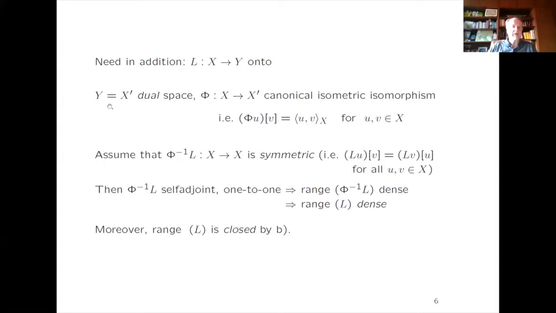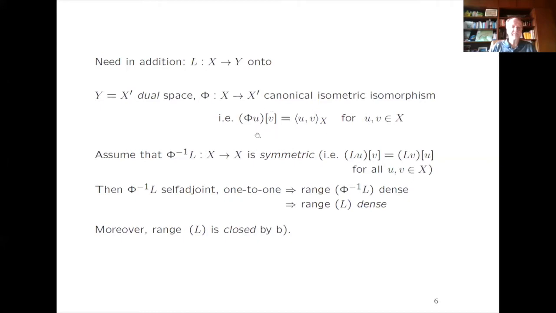Namely, we specialize to the case where Y, the image space of the nonlinear mapping, is the dual space of X, so that's the space of all bounded linear functionals on X. And then there's a canonical isometric isomorphism between a Hilbert space and its dual, defined simply by this form.